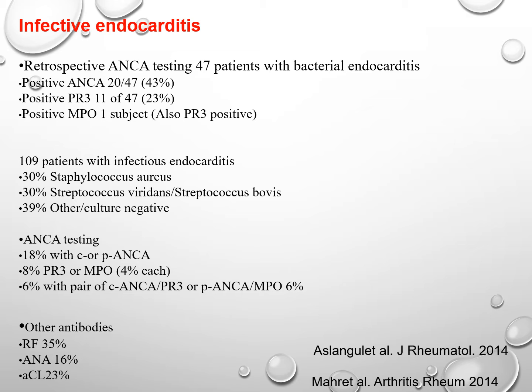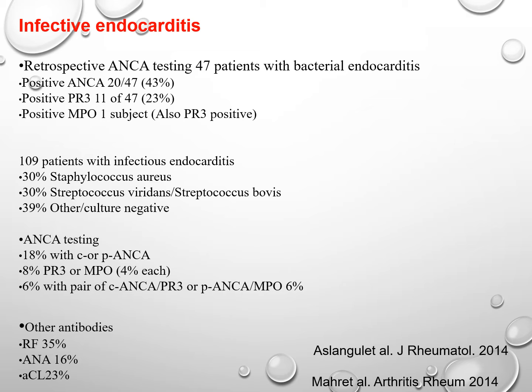Another study of 109 patients with infective endocarditis showed that the most common pathogen was Staph aureus, and the other 30% shared Staph viridans and bovis. However, 39% of those patients showed negative culture. So negative culture will not rule out infection.